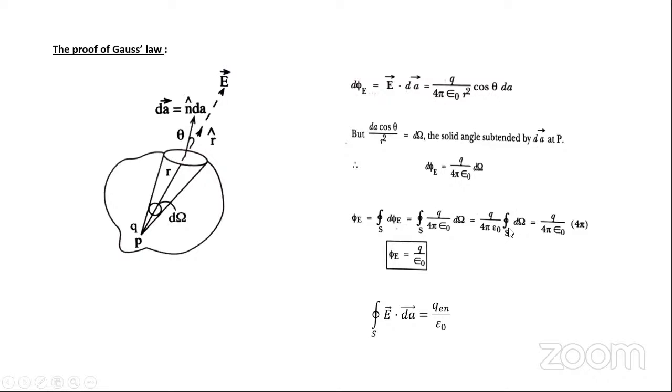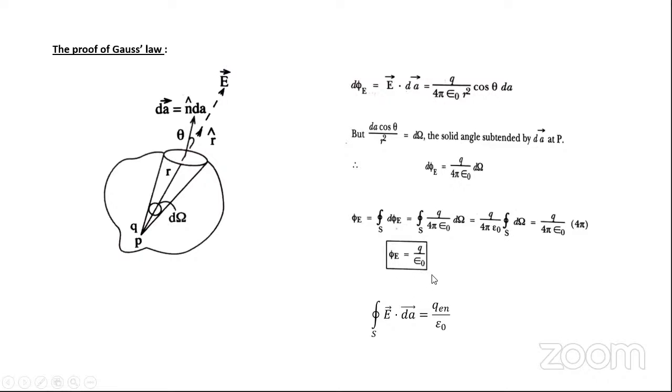What is the closed surface integral of d omega? It is the solid angle for any closed surface, which is always equal to 4 pi. So integration of this part will be equal to 4 pi. If we substitute this 4 pi, then φE is equal to Q divided by epsilon 0.